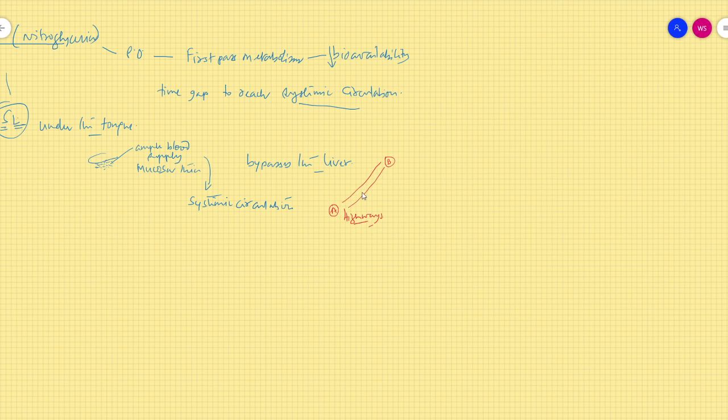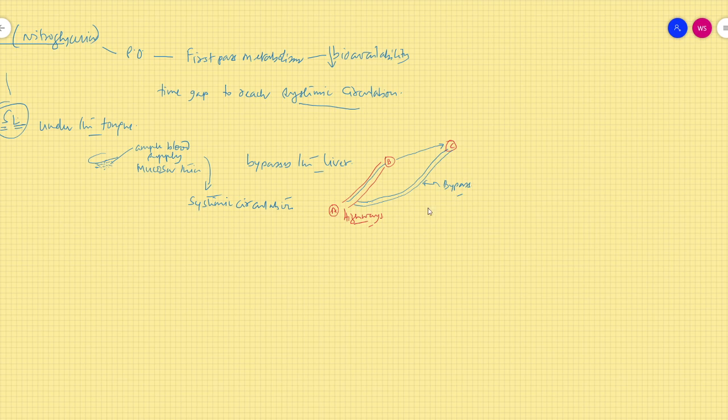Suppose our destination is a place C. We need to go from A to C. We have an option of going through B and then going to C, or we take a route that directly reaches C without touching B. Then we say this is a bypass.